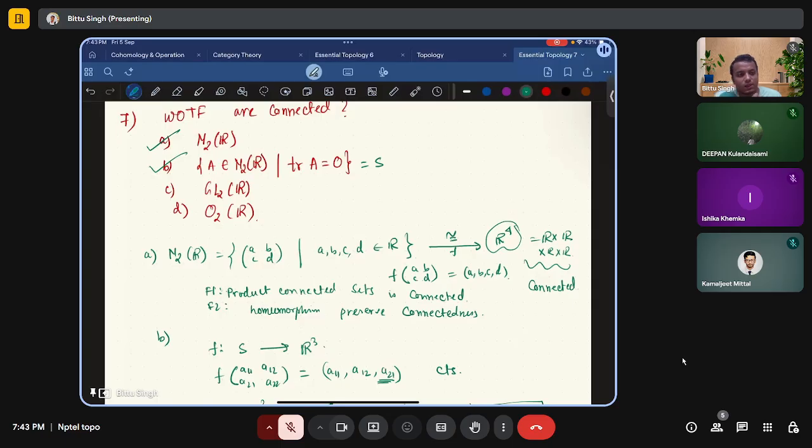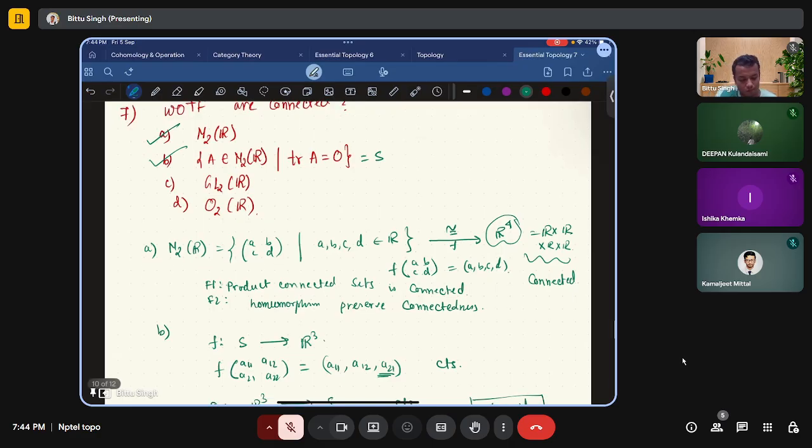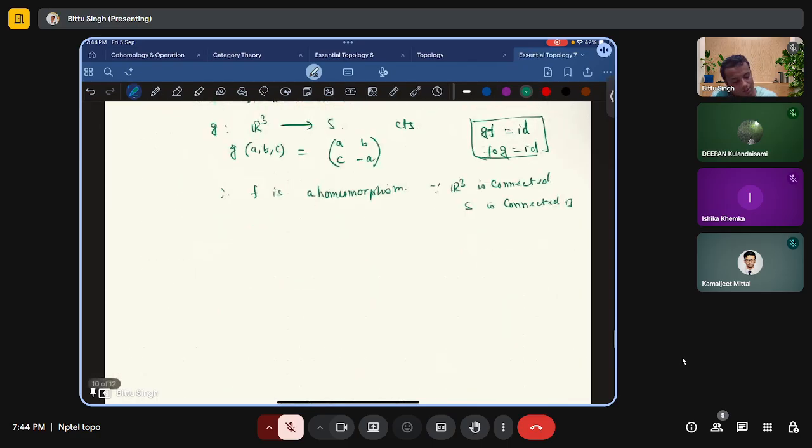What about GL2R, the general linear group? Is it connected or not? What is the answer? Okay, let us see.